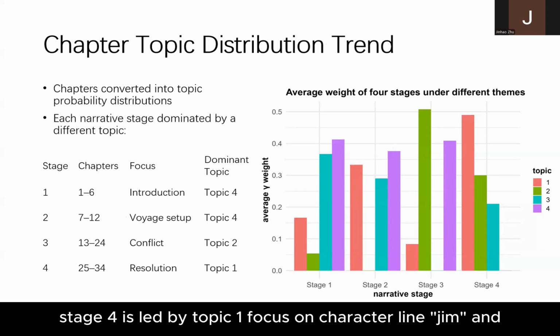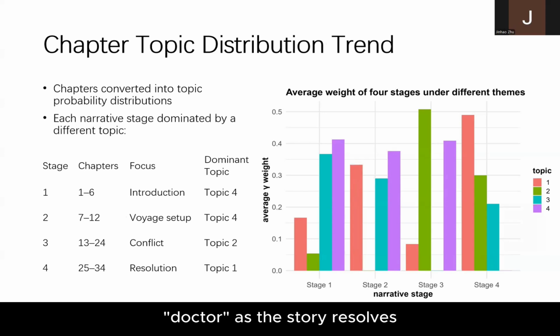Stage 4 is led by topic 1, focusing on character lines, Jim and Doctor, as the story resolves. So LDA not only finds topics, it also reveals how themes shift and evolve with the story, supporting our earlier narrative structure.